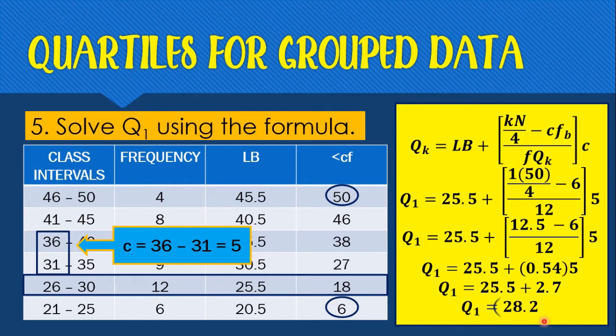Now, to check this, we observe that the 28.2 as the value of Q sub 1 really falls in our class interval 26 to 30. Therefore, since Q sub 1 refers to the 25%, 25% of the students have a score less than or equal to 28.2.